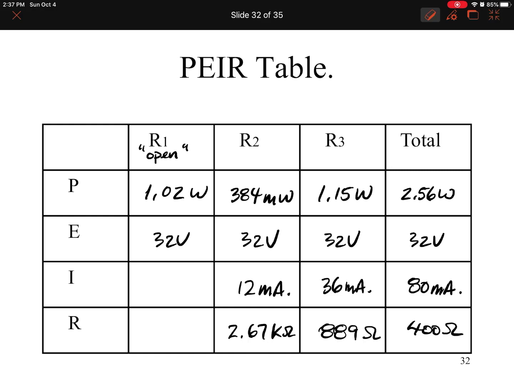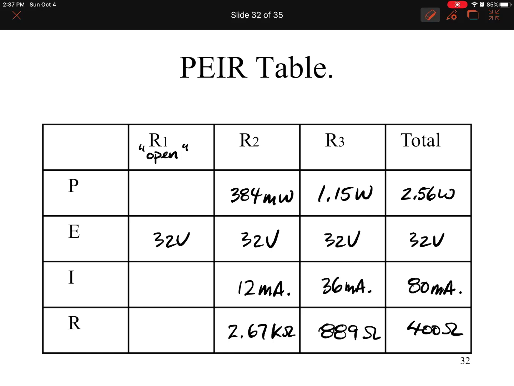It's just like when the lamp burns out in your home, there's still voltage present across the lamp. There's just no current through it because it's gone open. So is the lamp doing any work anymore when it's gone open? No, it hasn't. So therefore we have no longer any power.